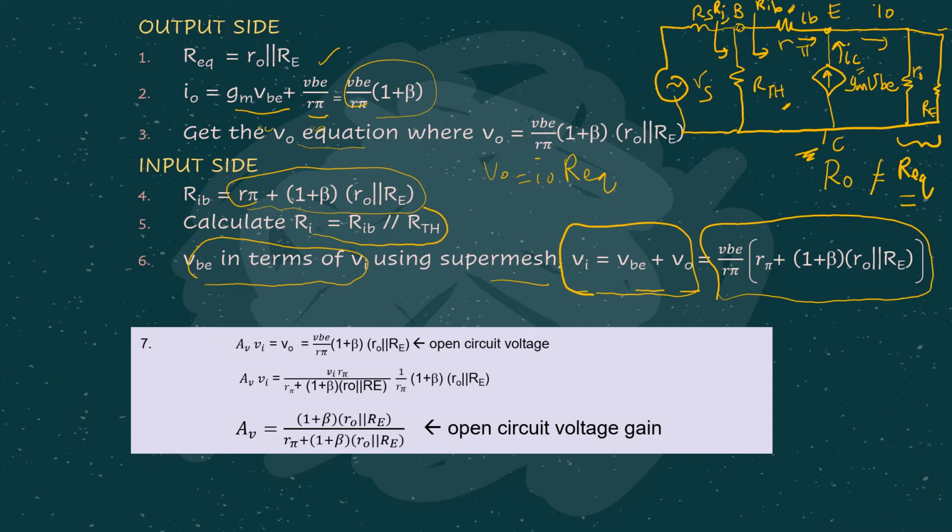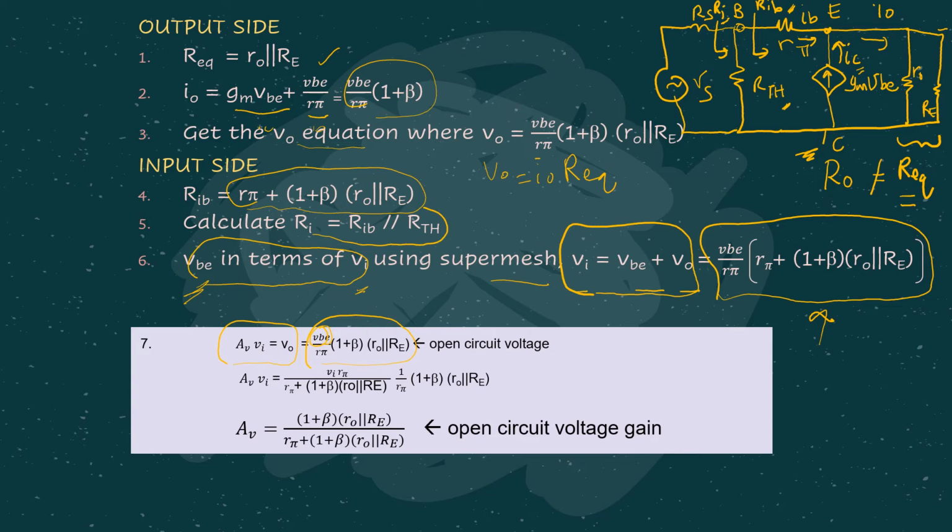Then from step number 7, remember we consider the voltage gain V0 over VI, and in this case V0 we already know the equation from step number 3. Then from there you can replace the VBE terms here in terms of VI, substituting accordingly from this equation.